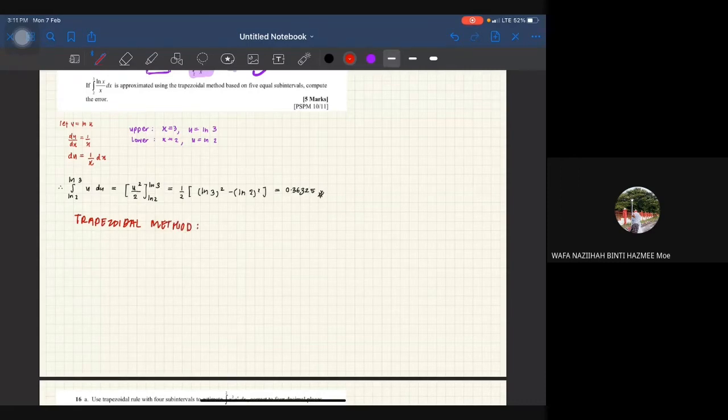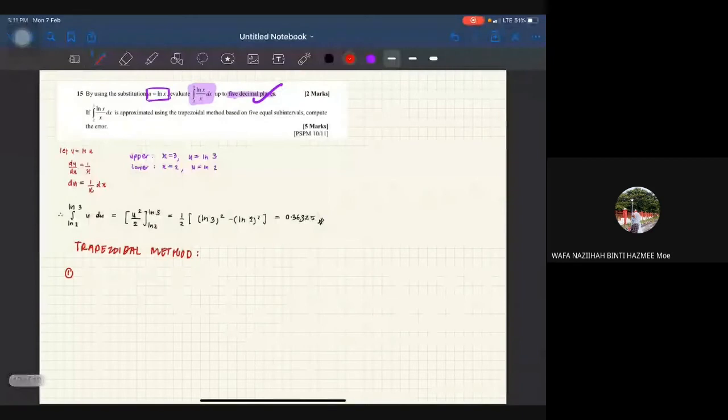Okay, so trapezoidal method, first step. What is the first step yang kita kena buat? Mesti cari apa? Find H, exactly. So H ni sebenarnya apa? So H ni sebenarnya adalah lebar trapezium awak tu. So awak mesti cari nilai H.